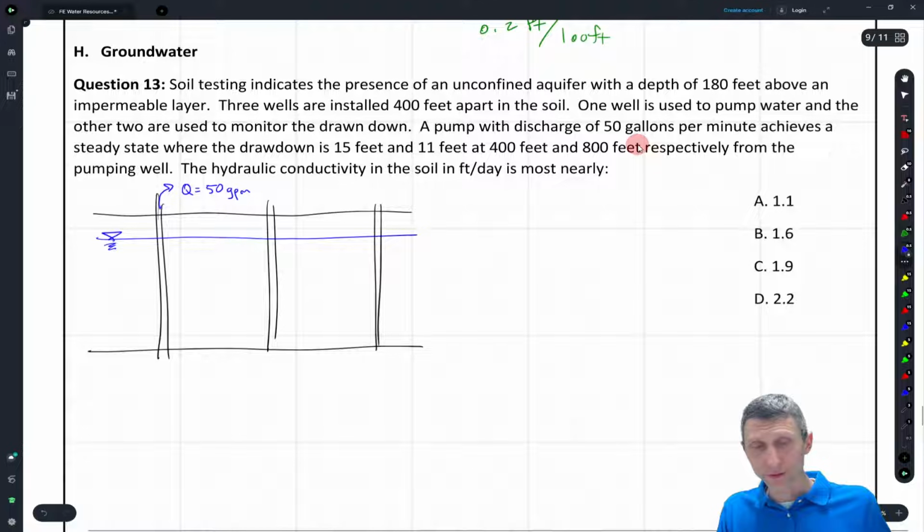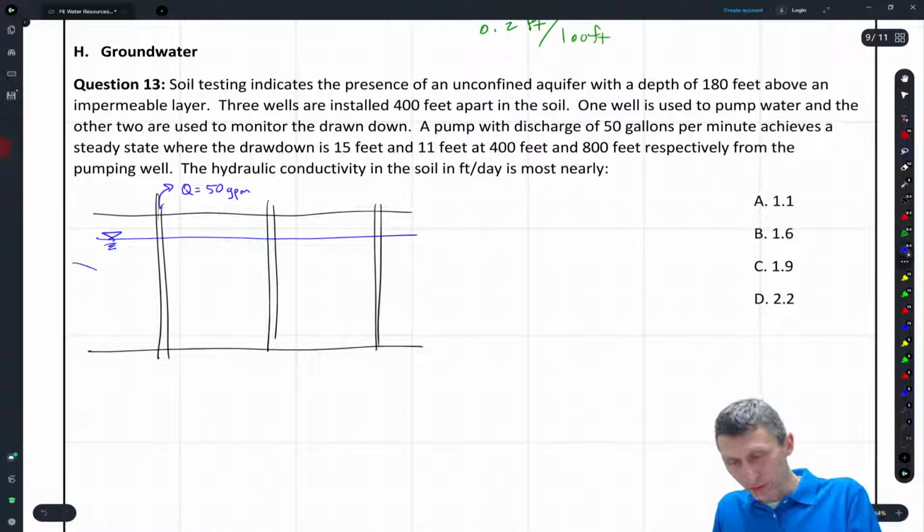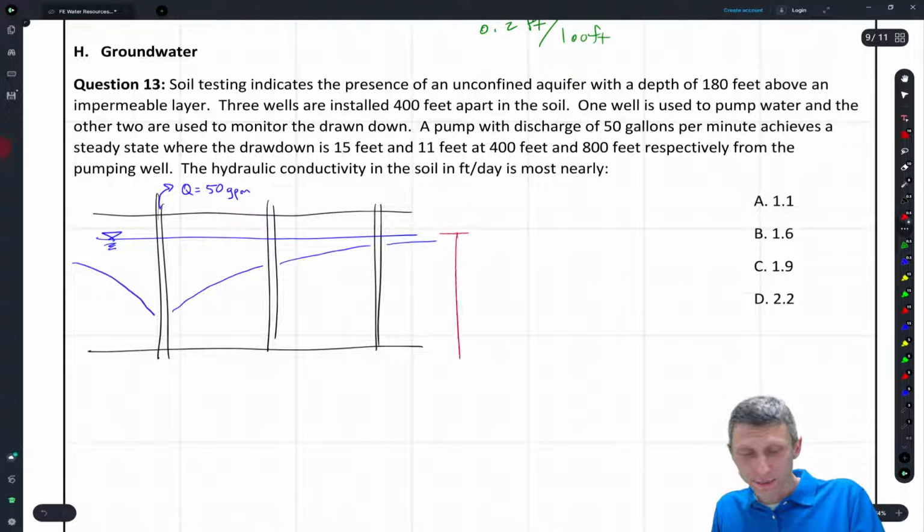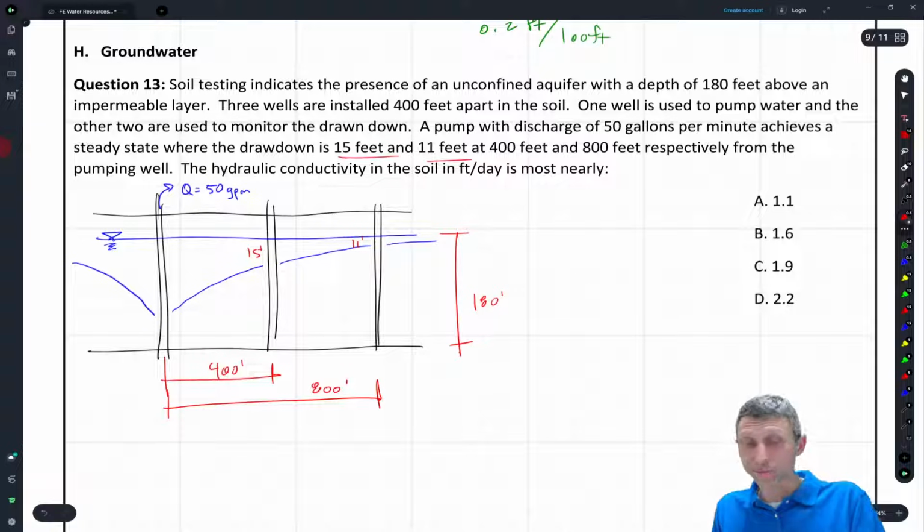Okay, so we're pumping out 50 gallons per minute, and we achieve a steady state. So we're going to start to draw down this aquifer. We know that this aquifer is 180 feet tall, and at this point we're 15 feet down, so this is the 15 feet here, and at this point we're 11 feet down, and our distances are 400 feet and 800 feet from the well.